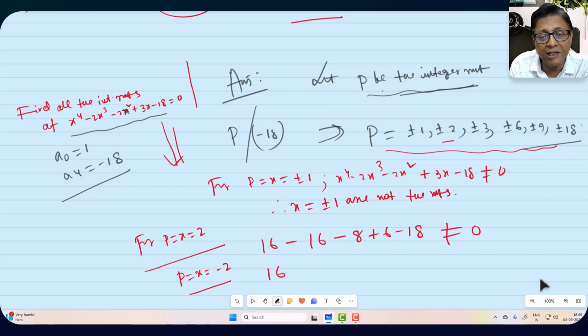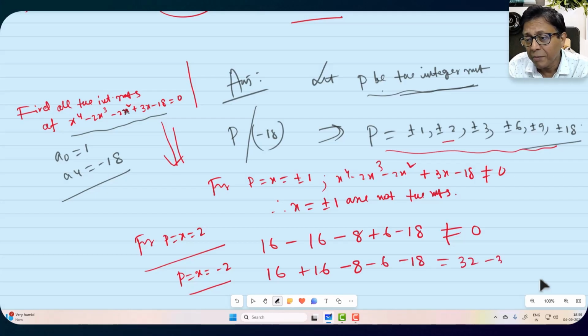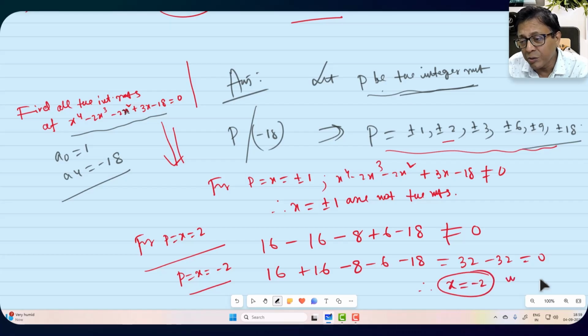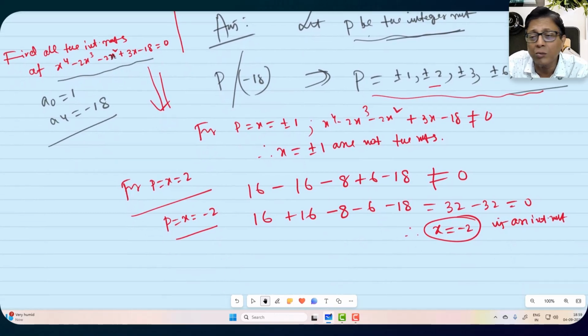This is 16 plus 16 minus 8 minus 6 minus 18. Therefore, x equal to minus 2 is an integer root. You can go for direct factorization now, but it is fourth degree, so let us try to find another one.